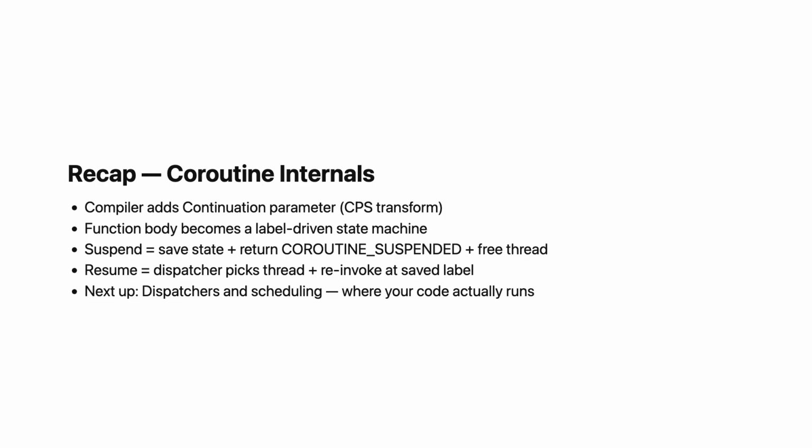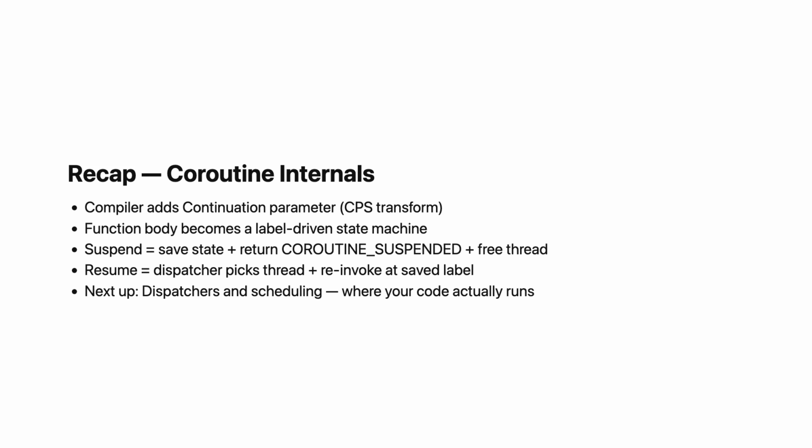Let us bring it all together. When you write a suspend function, the compiler adds a continuation parameter and transforms the function body into a state machine. Each suspension point becomes a label in a when expression. When a coroutine suspends, it saves its state to the continuation, returns COROUTINE_SUSPENDED, and frees the thread.